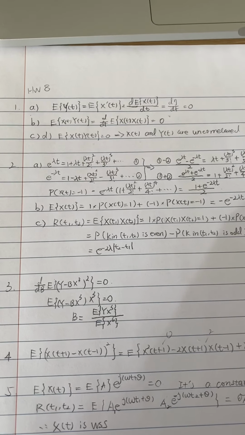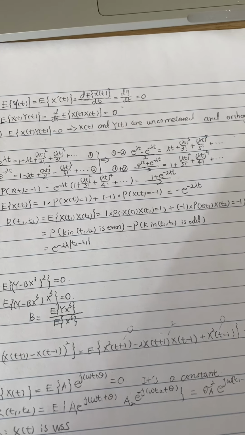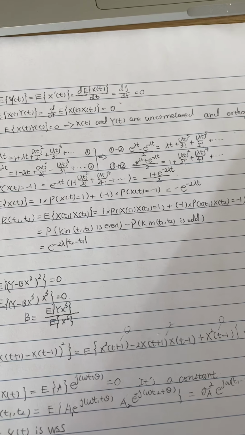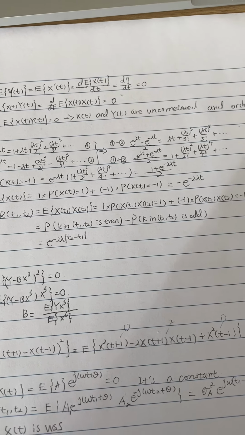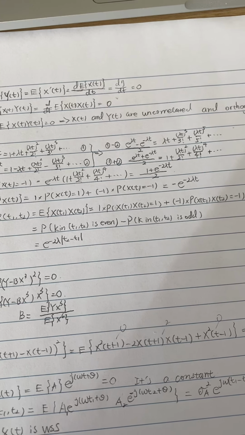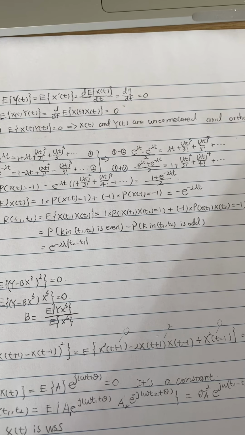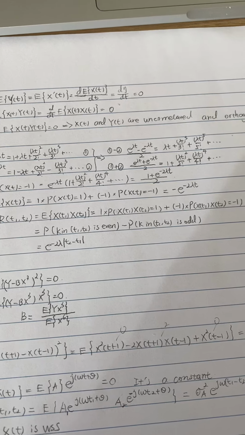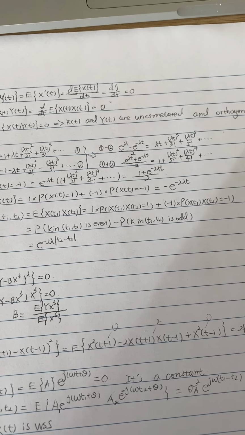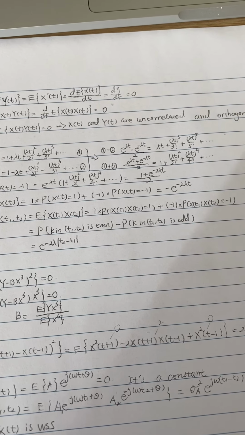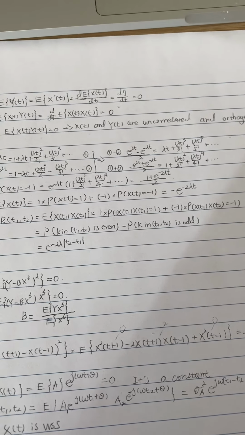Second question: let N be a Poisson process with parameter lambda, that is, the probability of n random points arriving in (t1, t2) equals e to the minus lambda times (t2 minus t1), times lambda times (t2 minus t1) to the k over k factorial. And X(t) equals 1 if n is odd in (0, t), and minus 1 if n is even in (0, t).